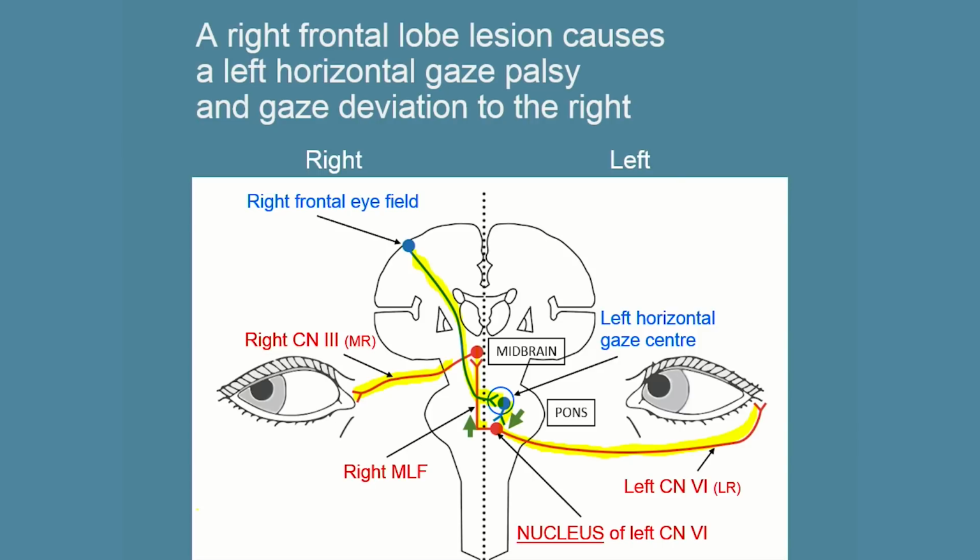But in this case, it cannot do that. We have a lesion in the right frontal eye field, and as a result, all those steps cannot occur. Therefore, the left frontal eye field signals are unopposed, so the eyes are deviated to the right.